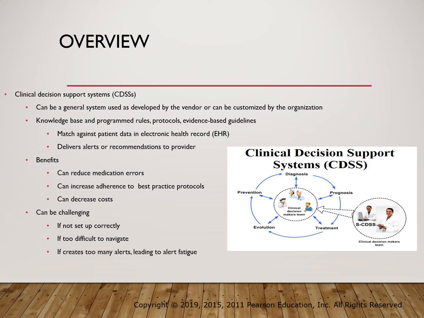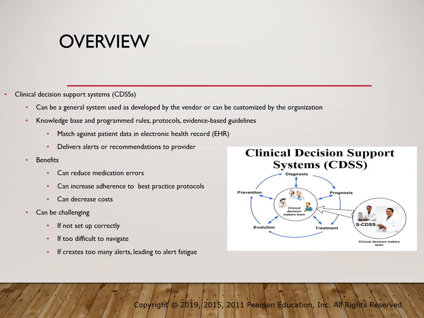They can be a general system used as developed by the vendor, or it can be customized for the organization. So whatever the organization would like to have in these programs, that can be created as well. A clinical decision support system uses a knowledge base and program rules. They use protocols and evidence-based guidelines to match against patient data in the electronic health record and deliver alerts or recommendations to the provider.